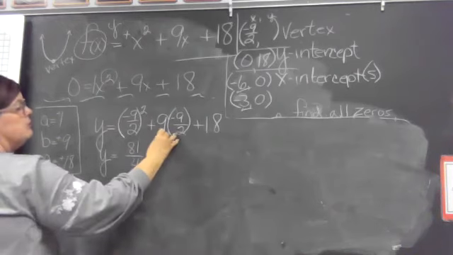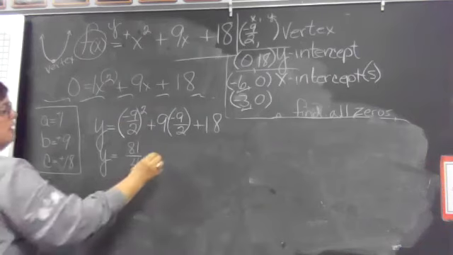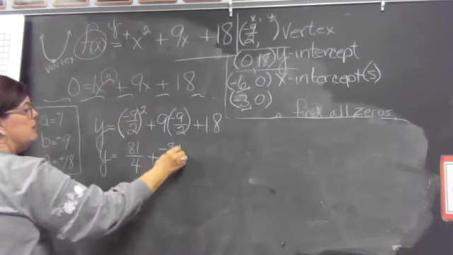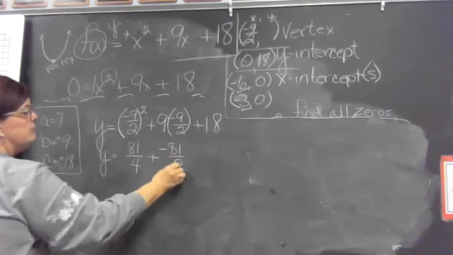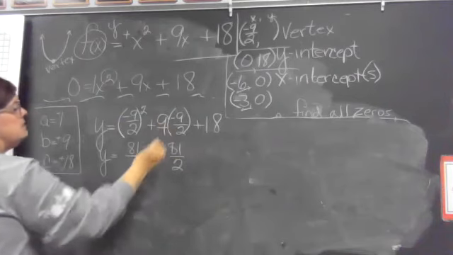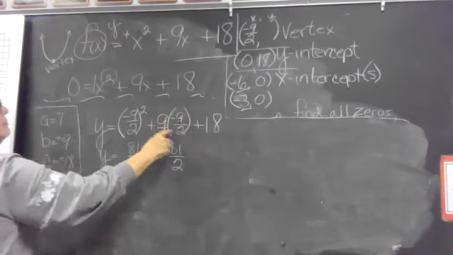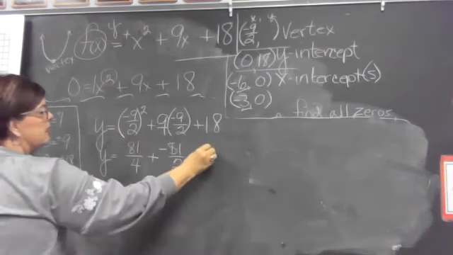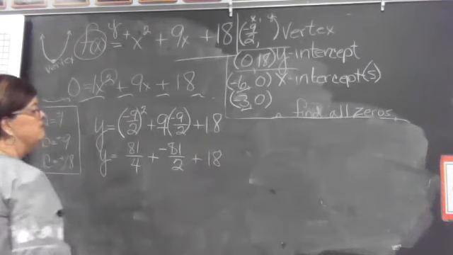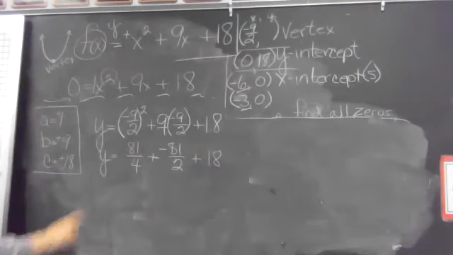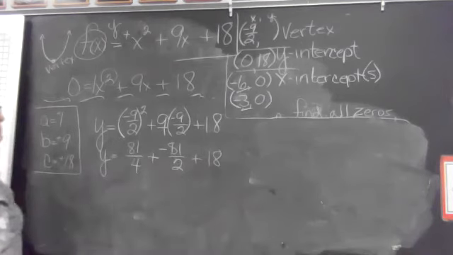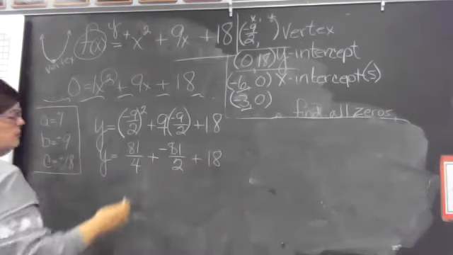And now I'm going to multiply, and I get negative 81/2, because this is the same as 9/1, so I multiply the top and the bottom, plus 18.